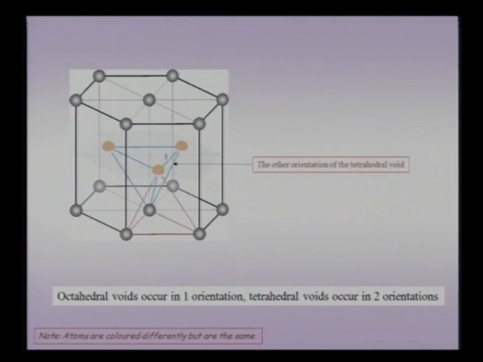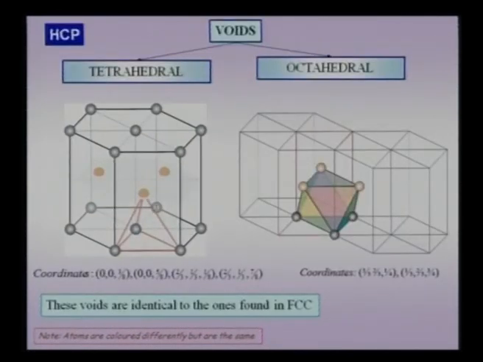So, this tetrahedron is shared between multiple unit cells, and more importantly, it is oriented the other way around as compared to the tetrahedron in this figure. As we will see using models, the octahedron has a single orientation in the hexagonal closed packed crystal, while the tetrahedron has 2 orientations. And to repeat, the voids are identical to those found in the cubic closed packed crystal. There is no difference between the voids, and this will become obvious when I show you the models which are used to illustrate the point.